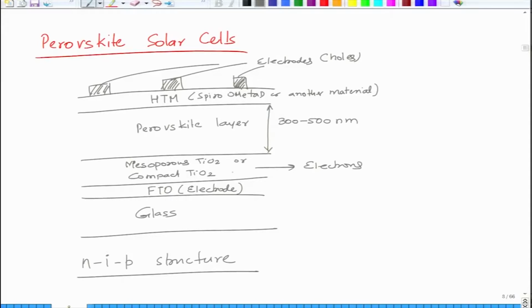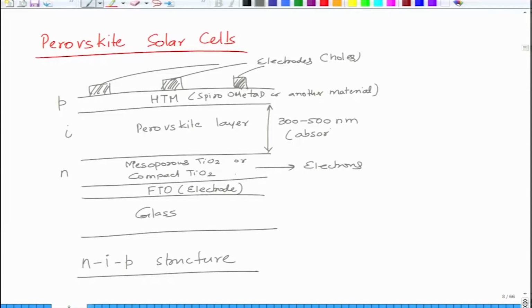So, you have N layer, you have I layer, you have P layer. So, this is N, this is I, this is P, just like amorphous silicon, where we had very thin layers of P and N type silicon on the two sides, and in between we had intrinsic absorbing material. So, this perovskite is mainly the absorber layer. If you invert the configuration, then we get a PIN structure.